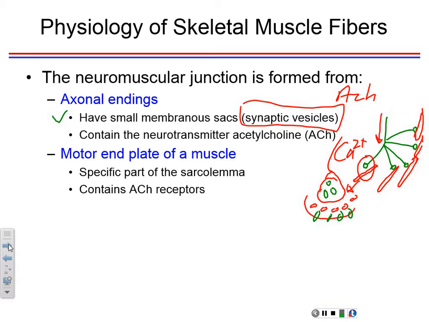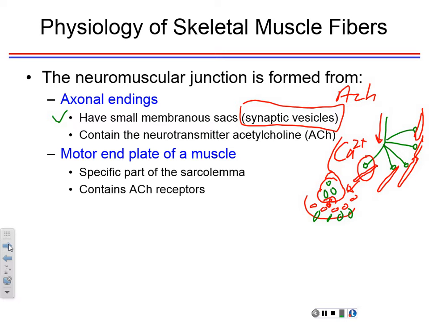So the impulse gets to the end of the axon, and it will open calcium channels, and we'll talk about that in a little bit, step by step. Calcium channels will cause the synaptic vesicles to attach to the synaptic knob membrane here, and then release the acetylcholine into the cleft. Then the acetylcholine will attach to the ligand-gated sodium channels.